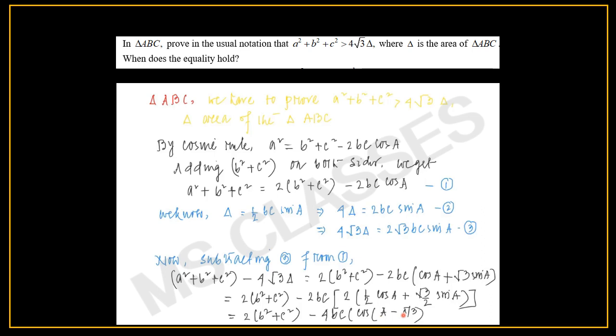Now cos of any angle we know will be less than or equal to 1 definitely. Now that means this has a maximum value of 1. We take this one as 1, then this expression reaches its minimum value.